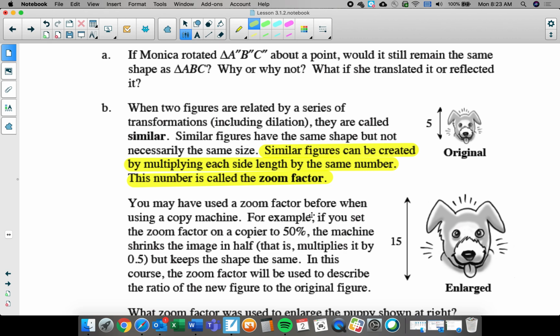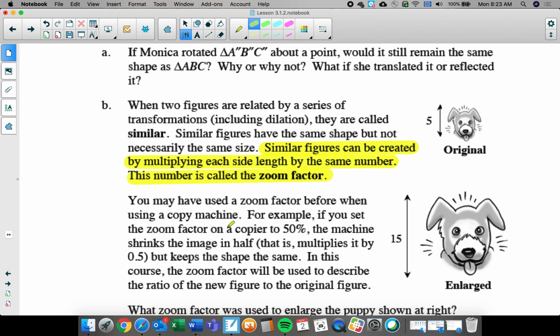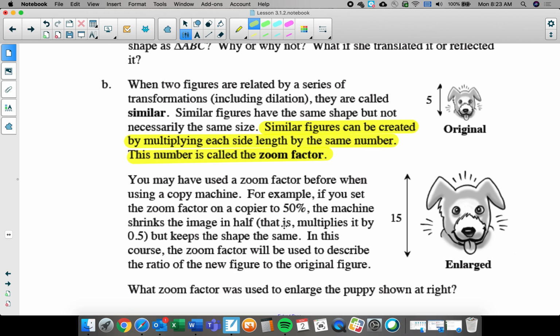You may have used a zoom factor before if you used a copy machine. We already talked about it with dilating pupils. We talked about it with the scale factor or zoom factor of Matchbox cars or toy cars, things like that. And the idea is it keeps the same shape, but it's a different size. That is called a dilation, and that's the concept of similar shapes.